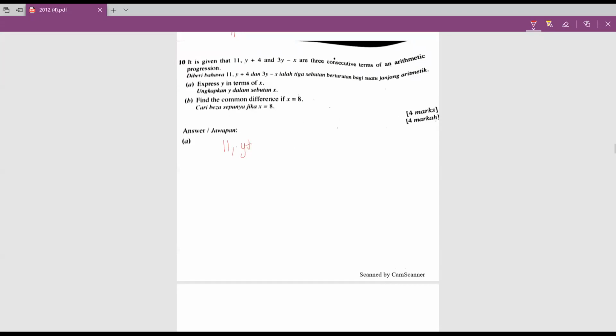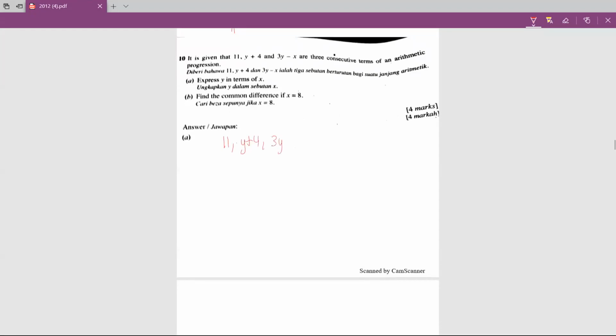11, y plus 4, 3y minus x. Okay, arithmetic progression. So that means formula ni ialah Tn = a + (n-1)d. Tak ada complicated lah sangat. Okay, that's it. So now we know. Dia kata express y in terms of x. Kalau y in terms of x maksudnya kita nak cari y equals to something, tapi mesti ada x lah dalam the right hand side.